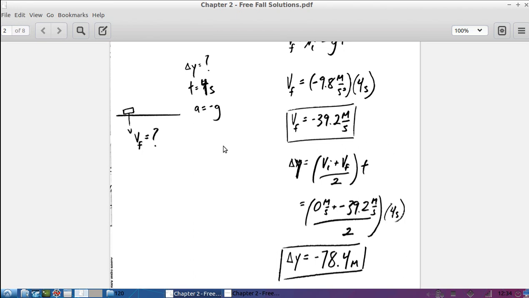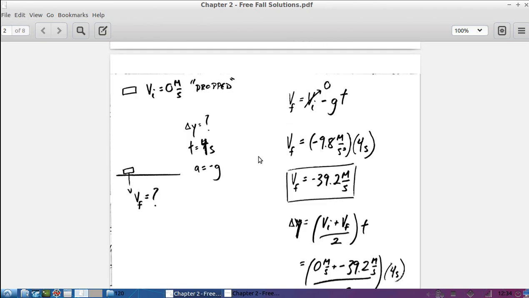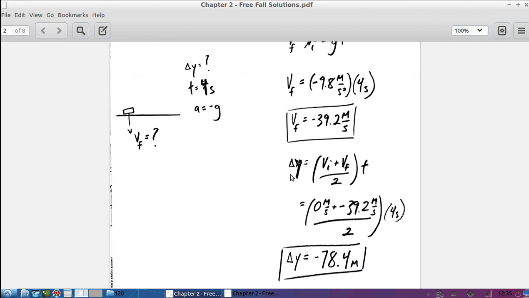Now I need the displacement. I've got everything that I need to use any one of the kinematics equations that I want. My goal here is to save time, and if I can avoid algebra, I would. So there are two equations that are already expressions for displacement.